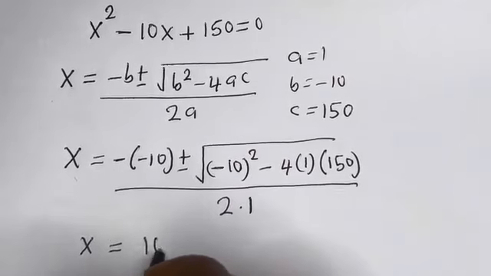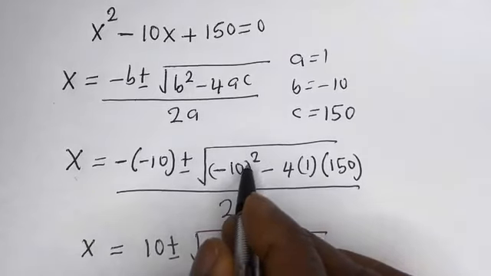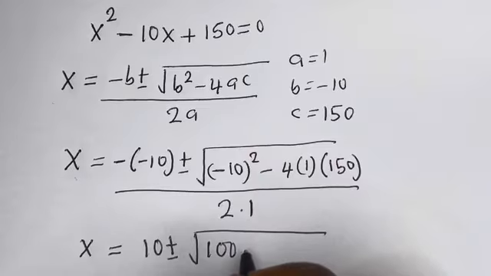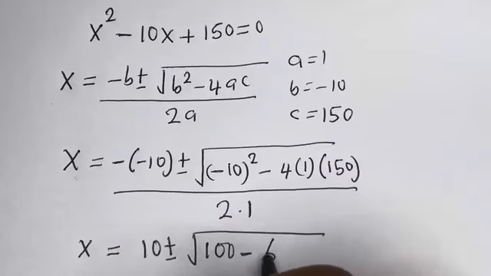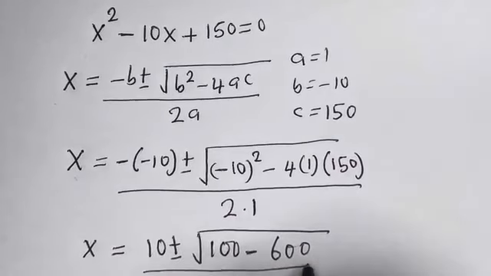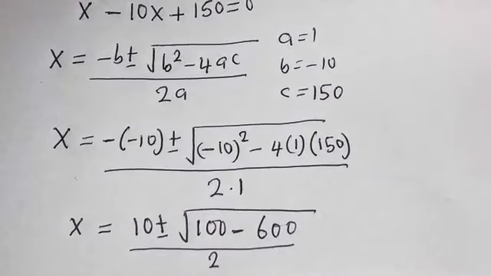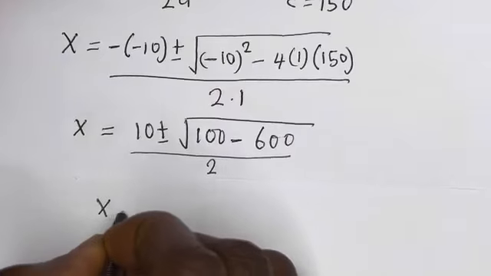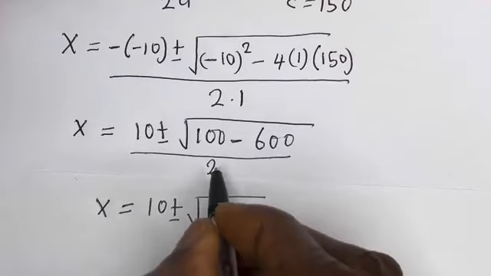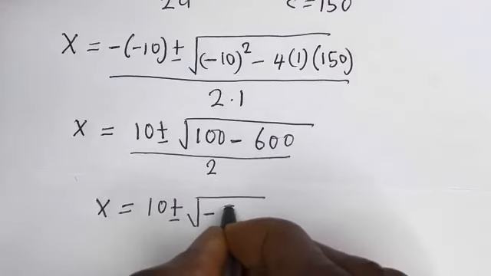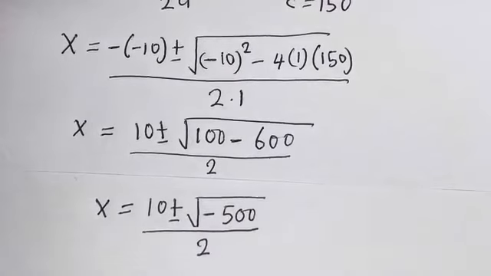s is equal to 10 plus or minus square root of minus 10 squared, that is 100, minus 4 multiplied by 1 multiplied by 150, that is 600, over 2 multiplied by 1, 2. s is equal to 10 plus or minus square root of 100 minus 600, that is minus 500, over 2.